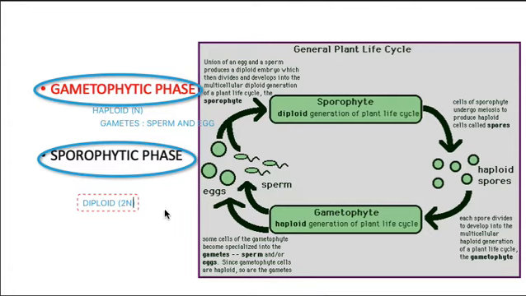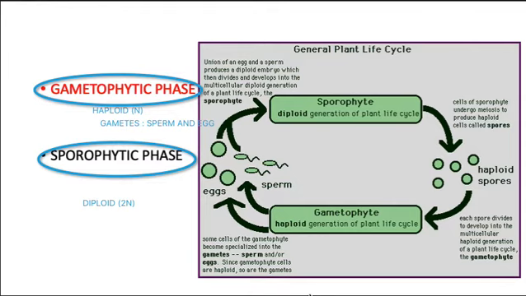So they will ask you which phase is dominant in the life cycle of bryophyte. Which phase is dominant? For human beings, our plant, oh sorry, we are not plants.